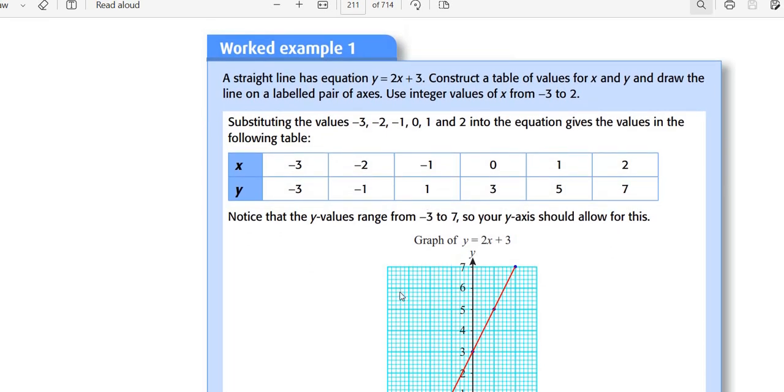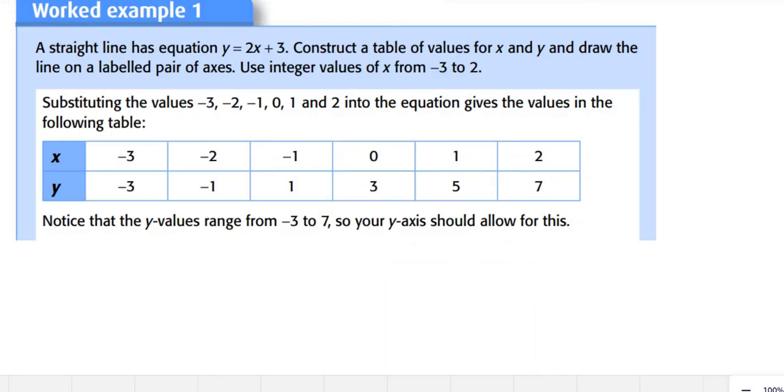And how do you determine the y values? Let's say, for example, I want to find the y value for -3. So the equation will be y equals 2 multiplied by the value of x, this is -3, plus 3. Y equals 2 multiplied by -3 is -6, plus 3. Y equals -3.